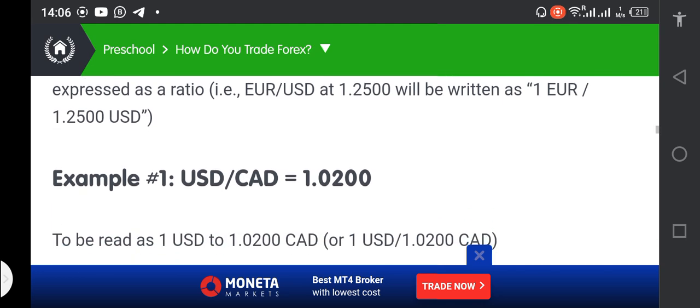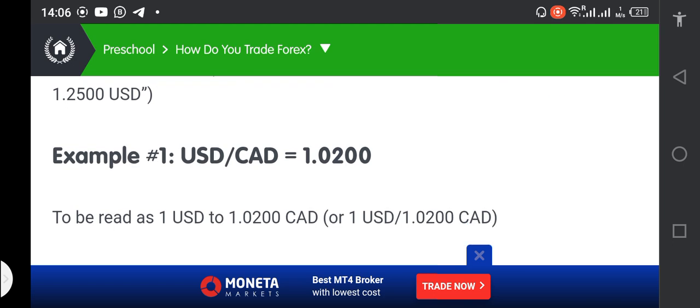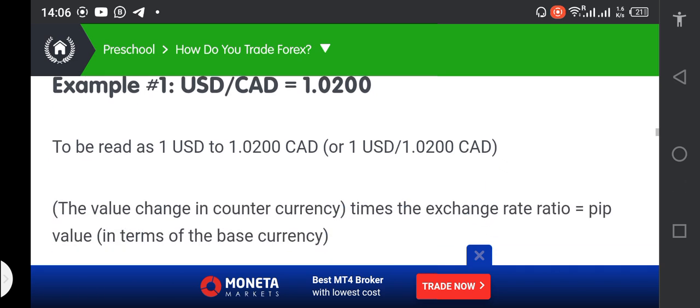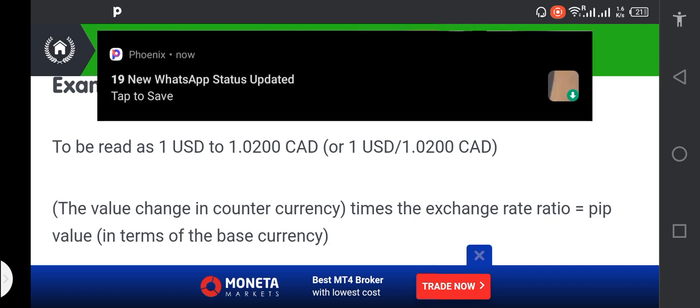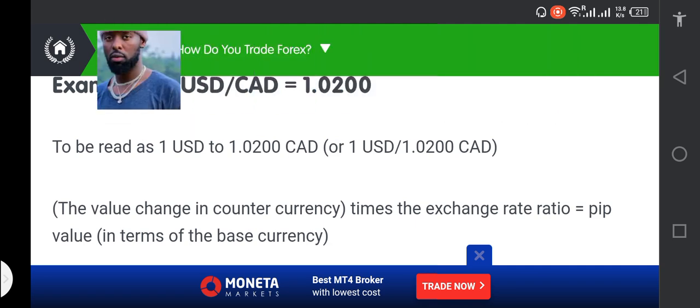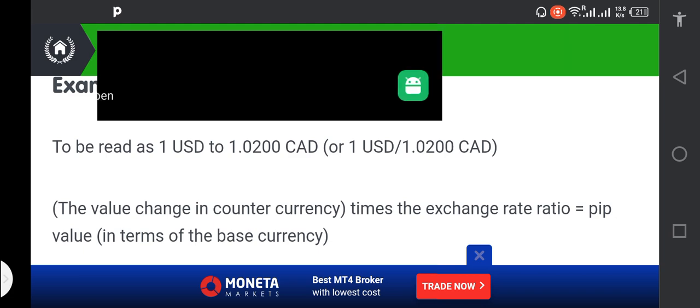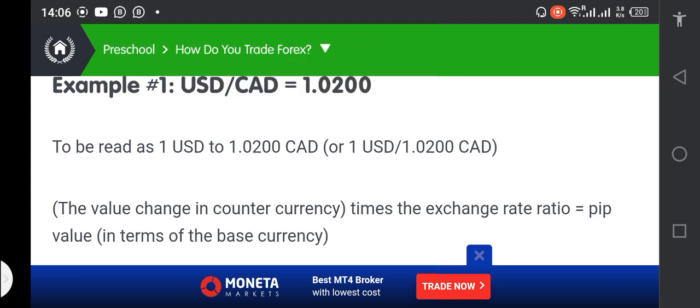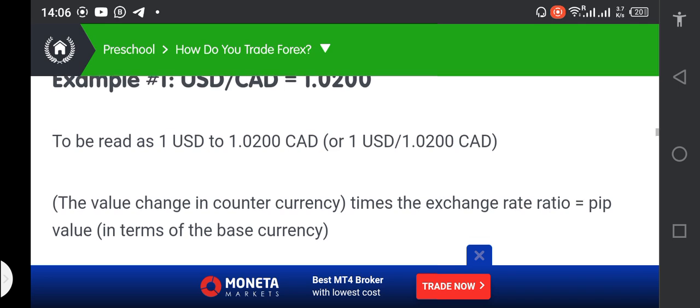Example #1: USD against Canadian dollar equals 1.0200, to be read as 1 USD to 1.0200 Canadian dollar, or 1 US dollar equals 1.0200 Canadian dollar.